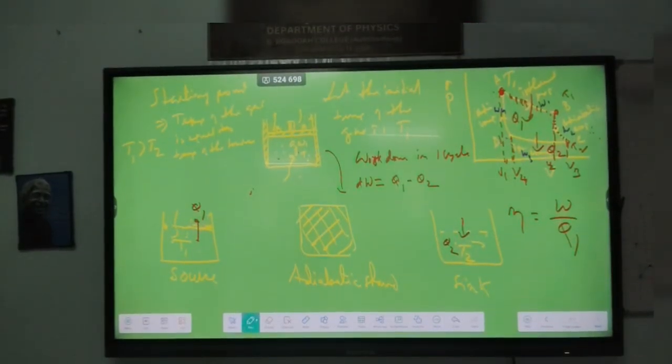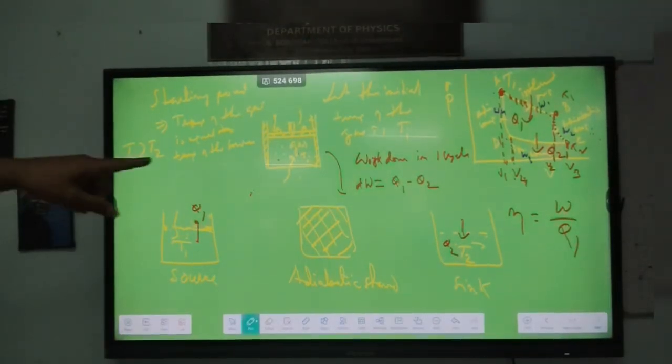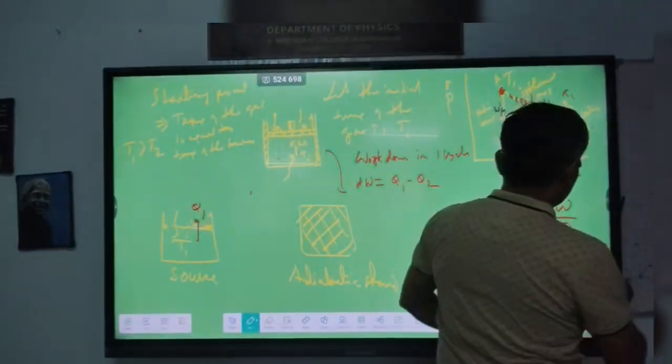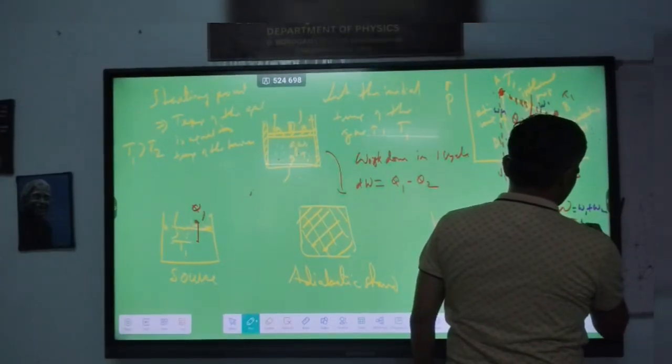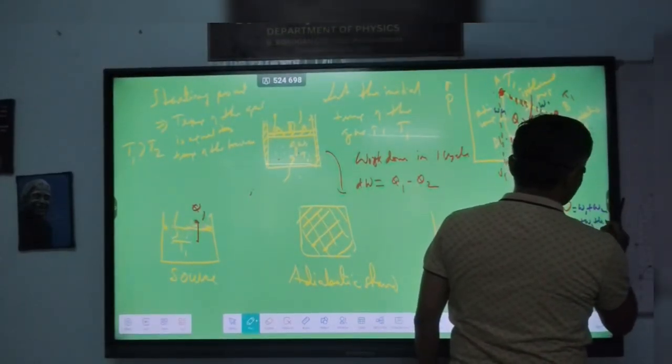W1 plus W2 plus W3 plus W4. So W is equal to W1 plus W2 plus W3 plus W4.